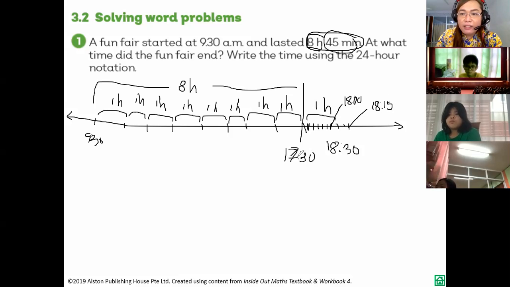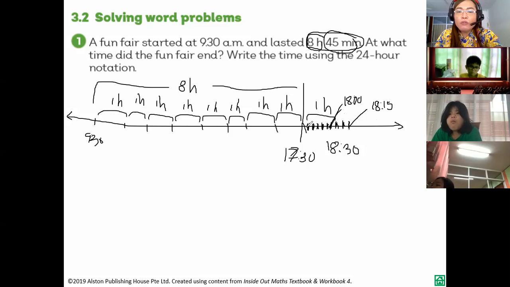So from 17:30, we will add 45 minutes. So from here, that's 5, 10, 15, 20, 25, 30, 35, 40, 45. So here, it's already 18.